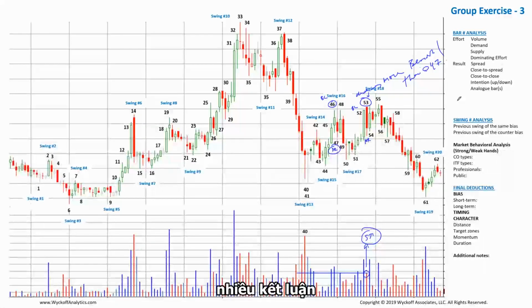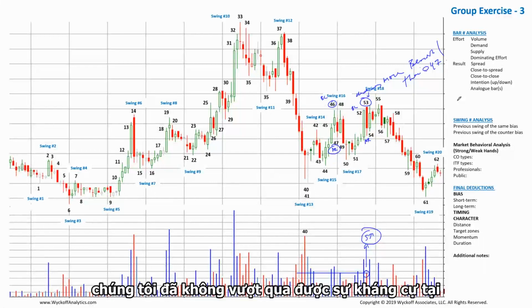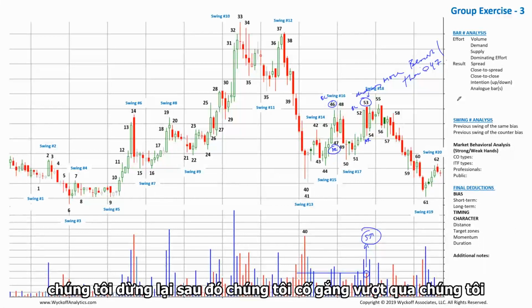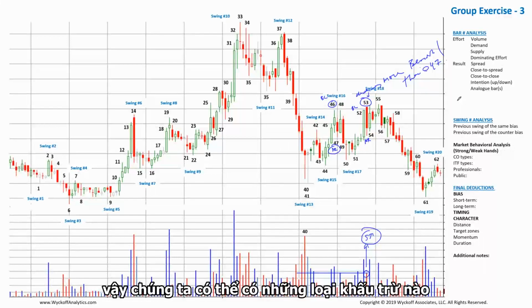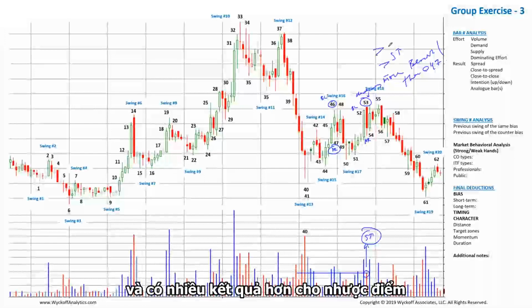Multiple conclusions can come up out of this. We have not overcome the resistance at 46, 48. We stopped. Then we tried to overcome, we gapped up on 53 and then instantly went down. And that change of character is so much more than at 47. So what kind of deductions could we have here? Even at that point, we could say that it's more bearish because there is more supply and there is more result to the downside.